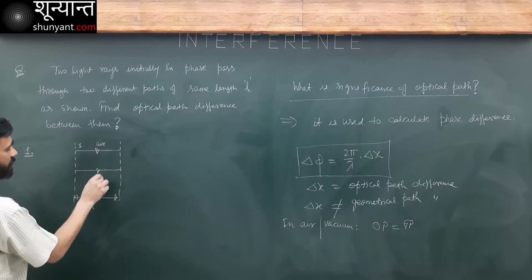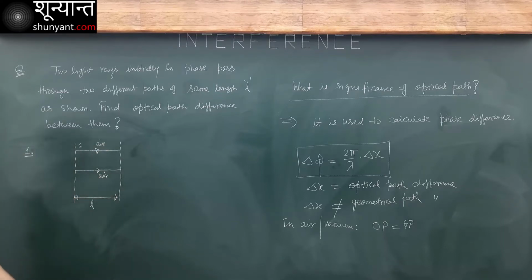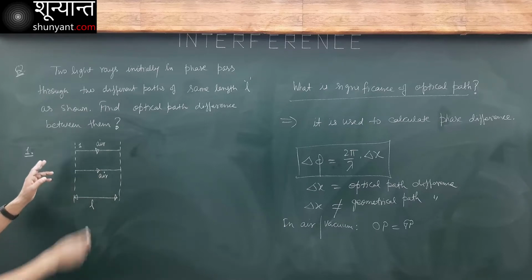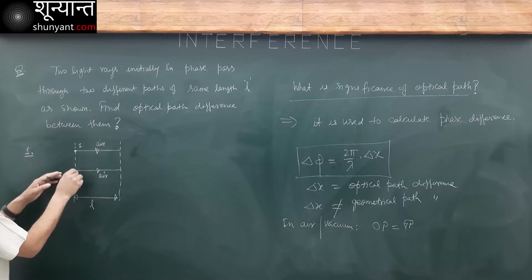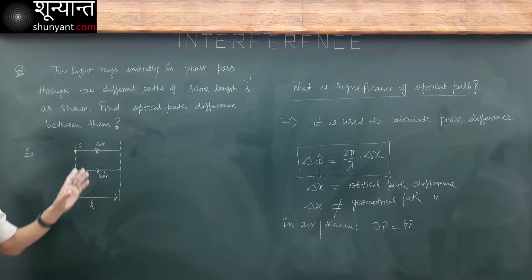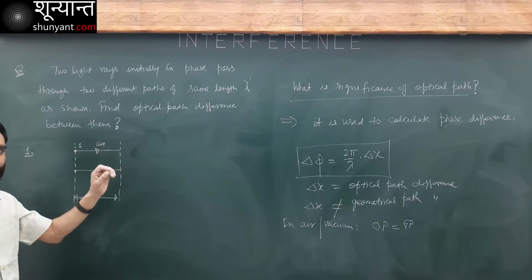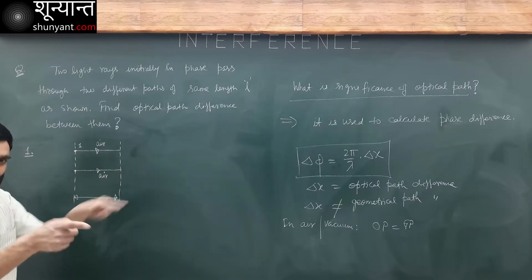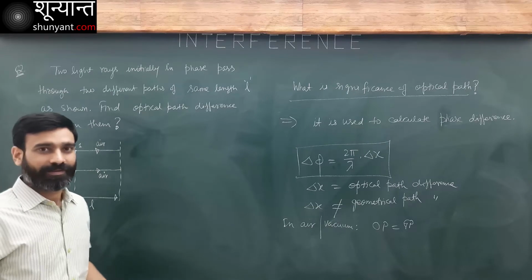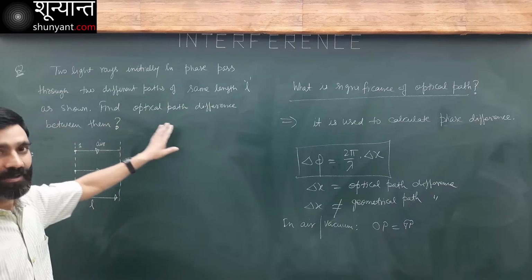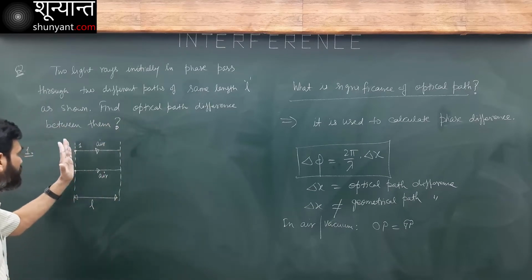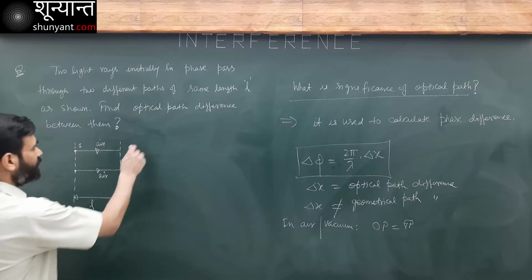Both are in phase up to this point. Then they travel L distance along two different paths. I have to find the optical path difference between them. Initially there is no difference. Both are in phase.